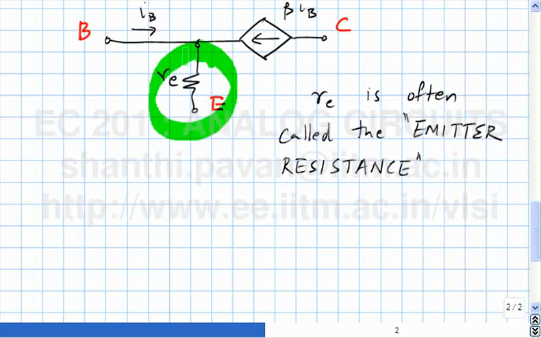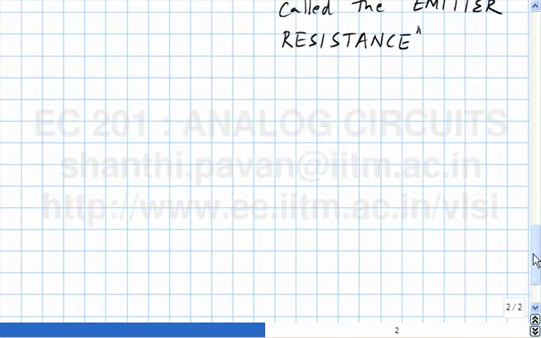Okay, it's that R pi pushed through the junction and is VT by, not VT by IC, but it is VT by IE. So this is useful in several situations. In a couple of examples, I'll show you where this is useful. I mean, look at the circuit and tell me the answer.